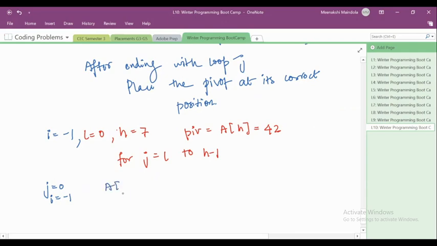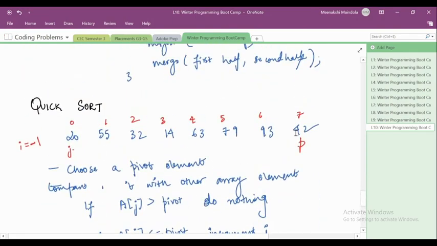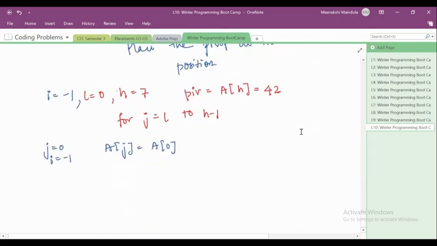In this case, we have A of 0, and we see if it is less than or equal to the pivot. The pivot is 42. 20 is less than or equal to 42, right? This condition is true. So what do we do in this case?